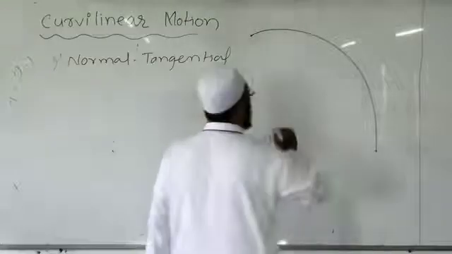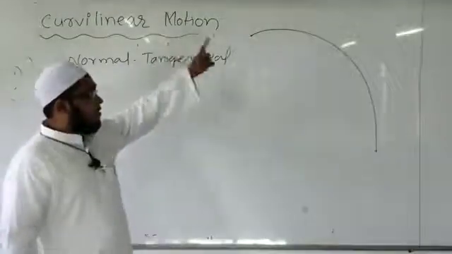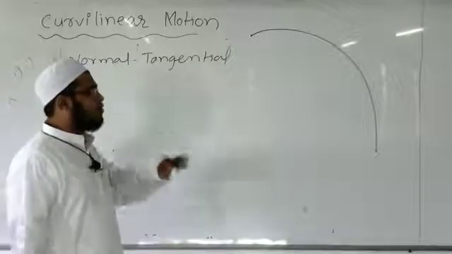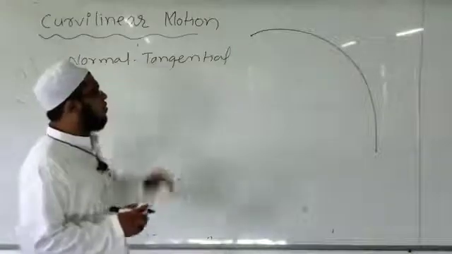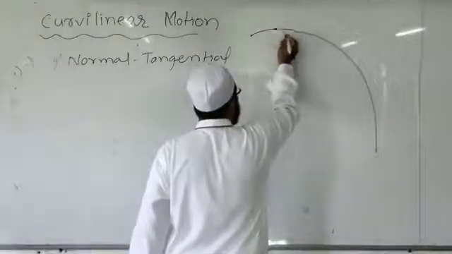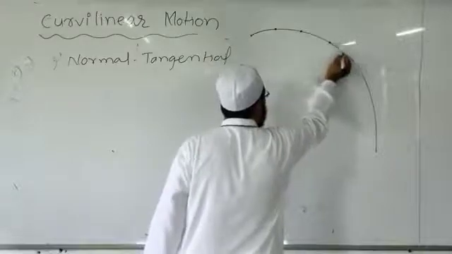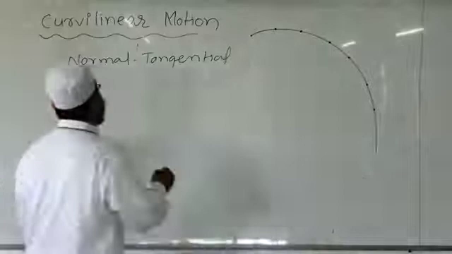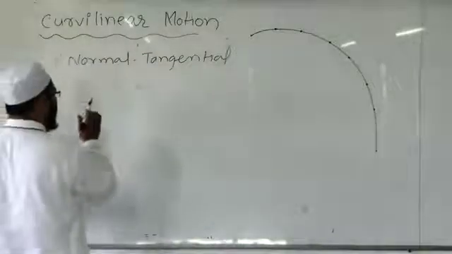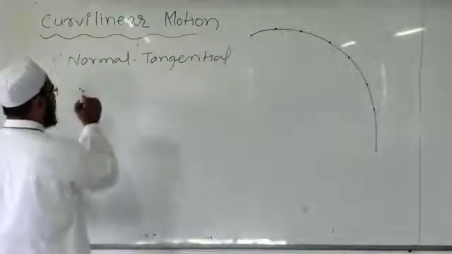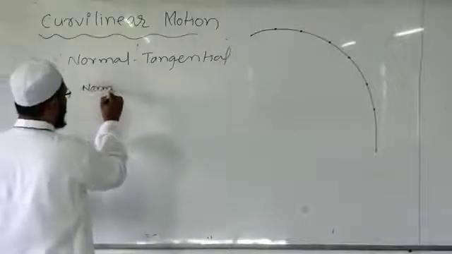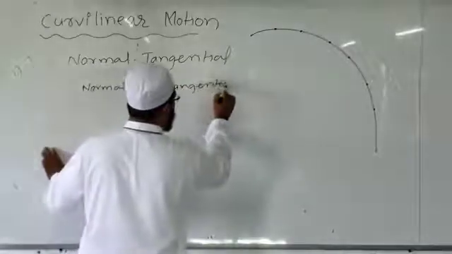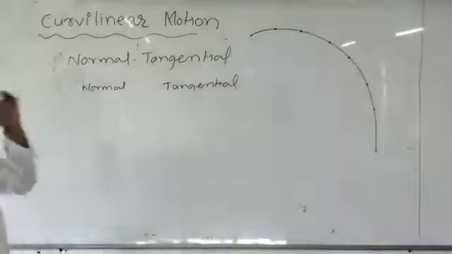If the path is known, then we can describe the position of the particle at a particular instant in terms of its normal component and tangential component. It is very easy. We will split the vector in the normal direction and the tangential direction.